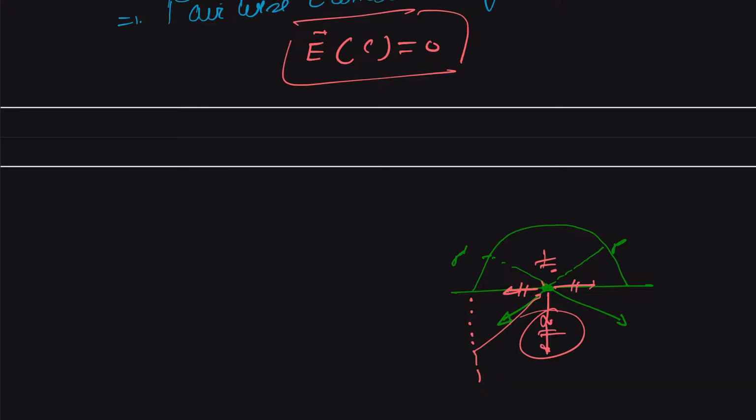Usually we have done this many times, and indirectly we also deal with pairwise cancellation when we are balancing forces. Suppose there is a body lying on a plane and there is mg, and we can divide mg into two components, one along the normal, and this is a pairwise.